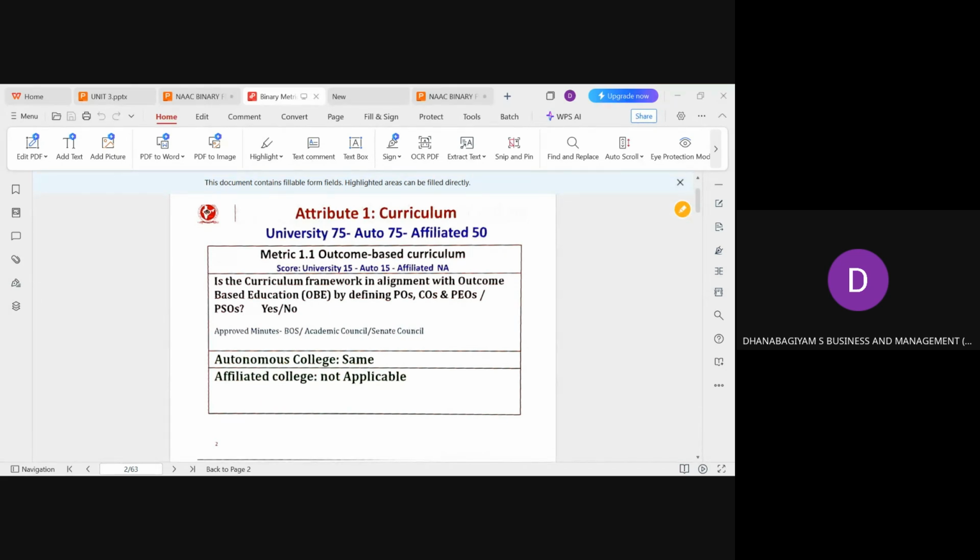Program outcome is only at the BBA level. Program specific outcome will come under the institution level, which will come from our mission, vision, and the objectives of our institution.